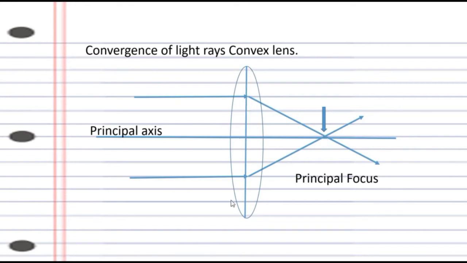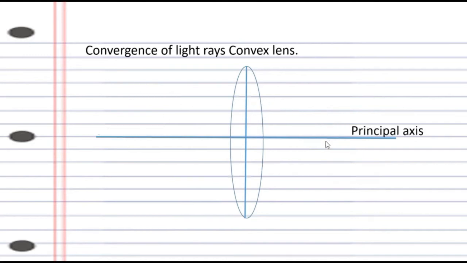Since a convex lens is a transparent medium, you can send light rays parallel to the principal axis from this side, or even from the other side. If you send light rays from this end, the principal focus will be on the other side. Or if you send light rays from the other end, the principal focus will be opposite to that.